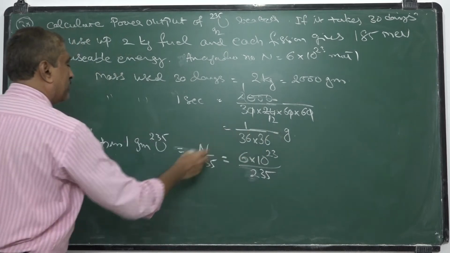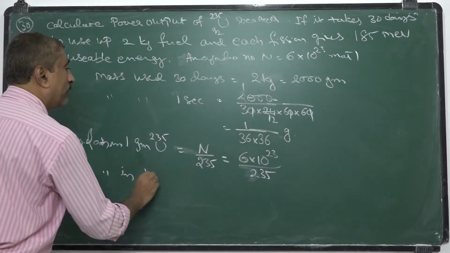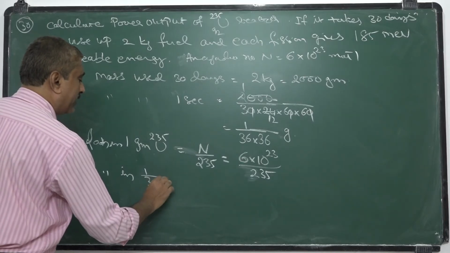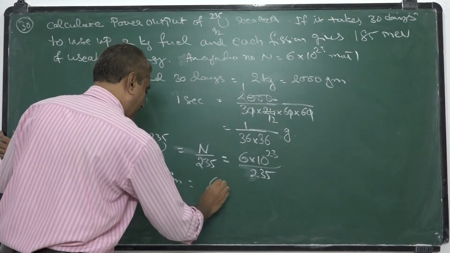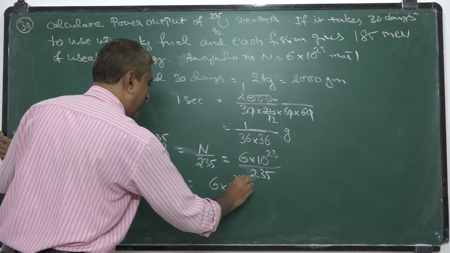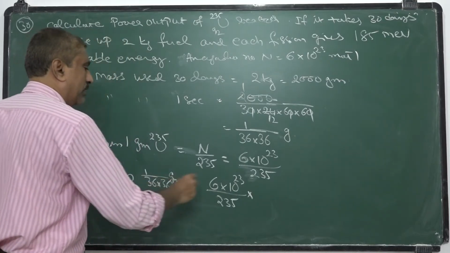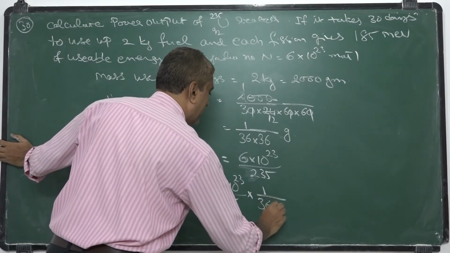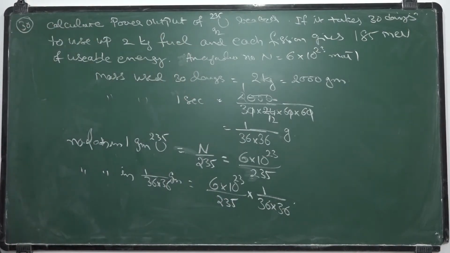So number of atoms in 1 by 36 into 36 gram is equal to 6 into 10 to the power 23 by 235 into how many grams? Number of grams is this one. So 1 by 36 into 36.